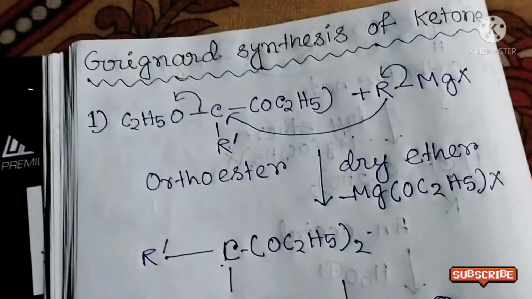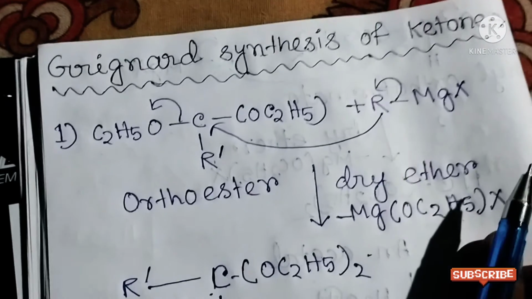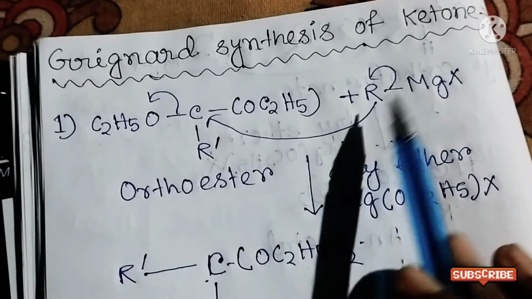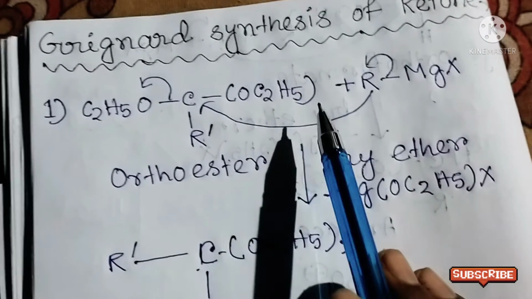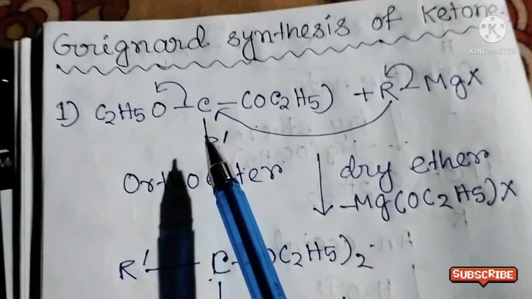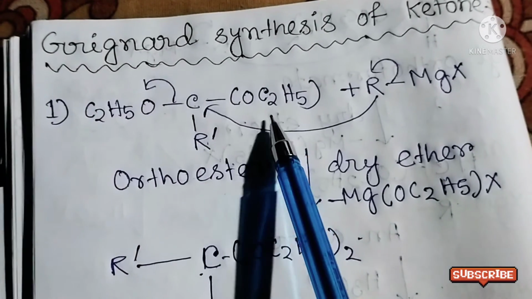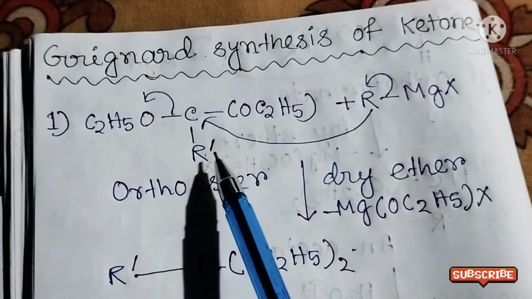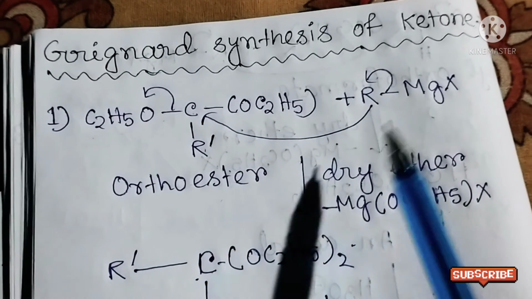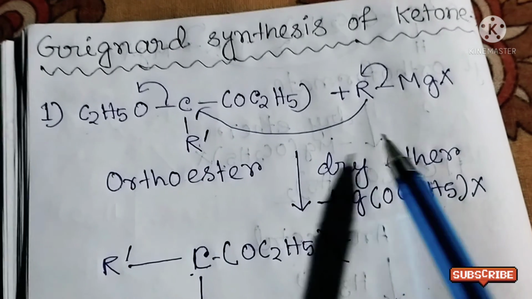Now next we do the Grignard synthesis of ketone. How do we prepare ketone by Grignard synthesis? Now we take orthoester and it reacts with Grignard reagent in the presence of dry ether.